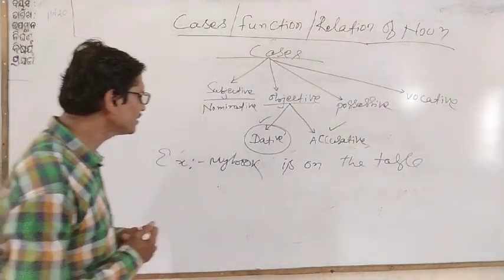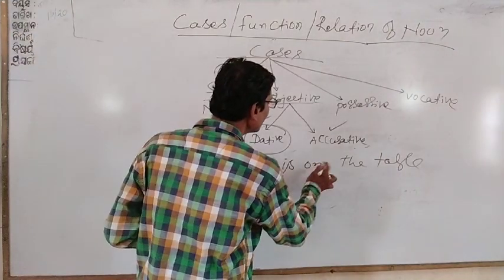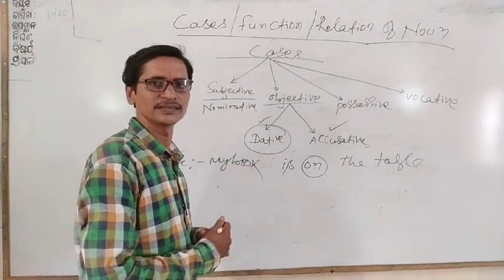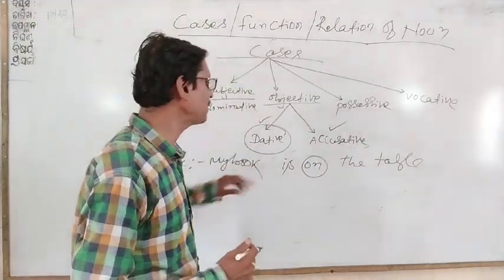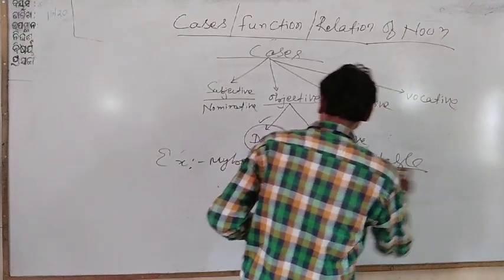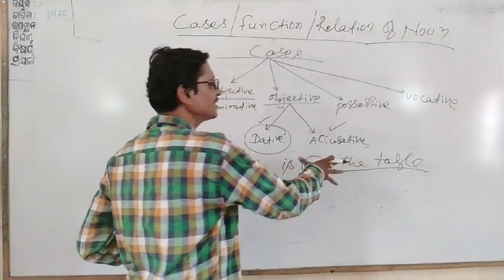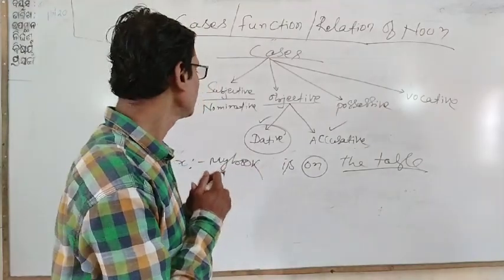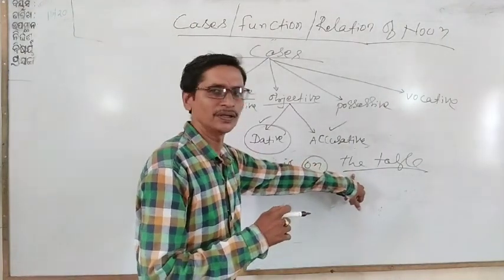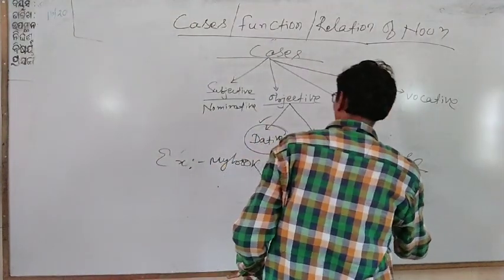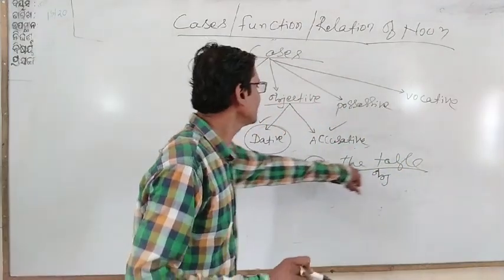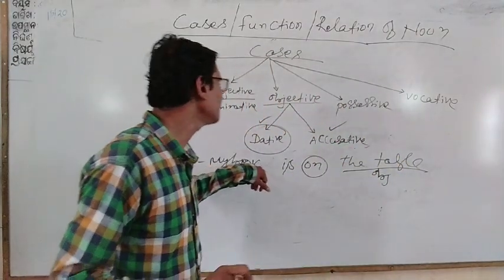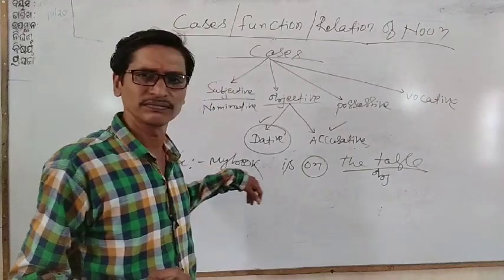See what happens here? We have a preposition, and the table is functioning as the object of the preposition. So this table has nothing to do with the verb "is" or anything else.